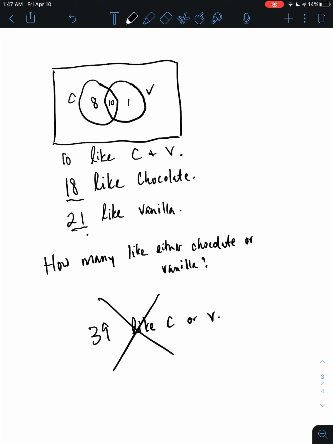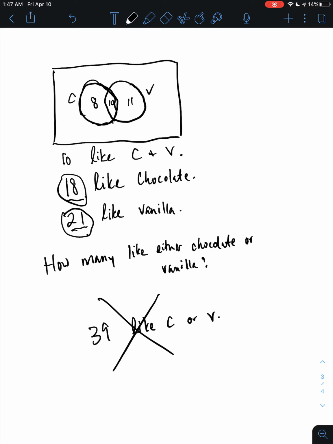So this number 18 has to be the sum of these two. 10 plus something is 18, and so that something has to be 8, and that's, I guess, why this discussion is included in the subtraction section of the course textbook. Similarly, there's 21. Well, there's 10 already in the intersection, so that means there have to be 11 more in this category of students who like vanilla but don't like chocolate.